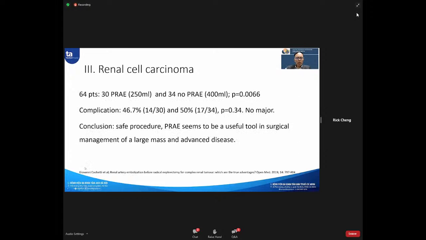And Govani, he followed 64 patients. He divided them into two groups. One group of 30 with ablation before surgery, and 34 with no ablation before surgery. So he found the blood loss in group A is about 250 ml, and group 2 is 400 ml, with significance.